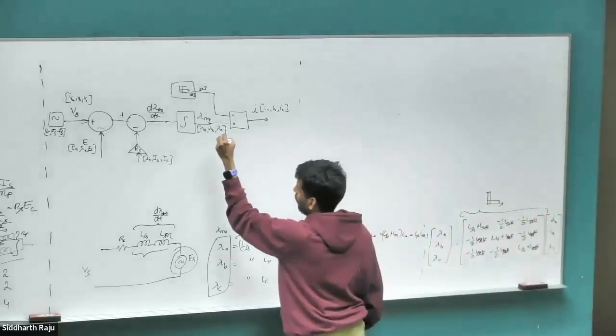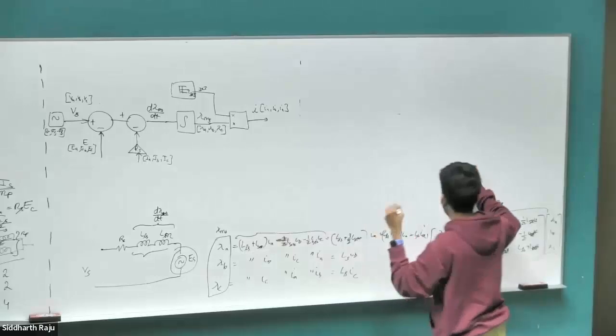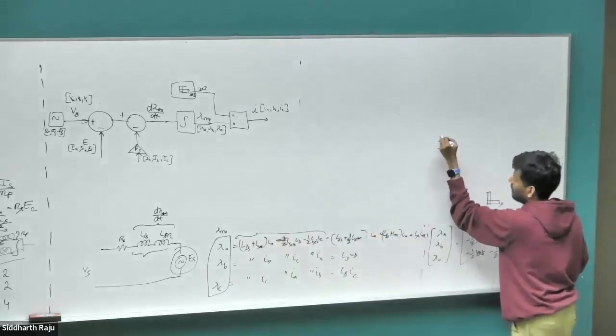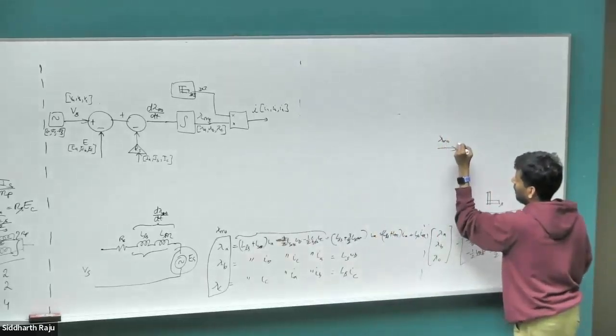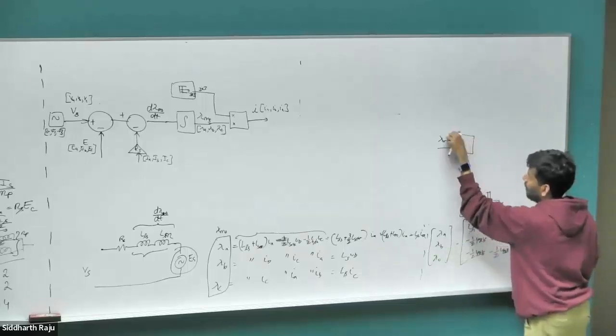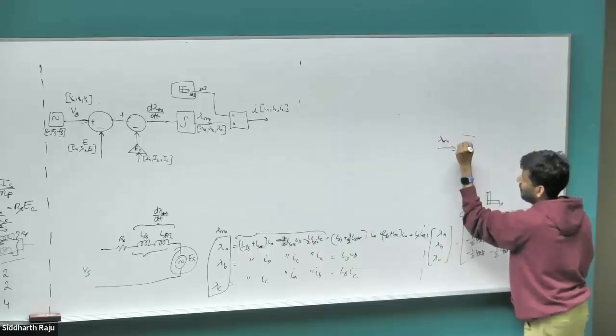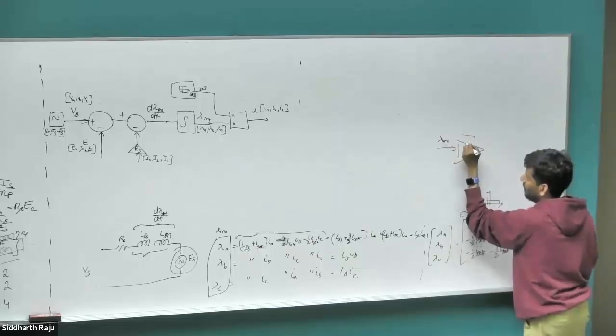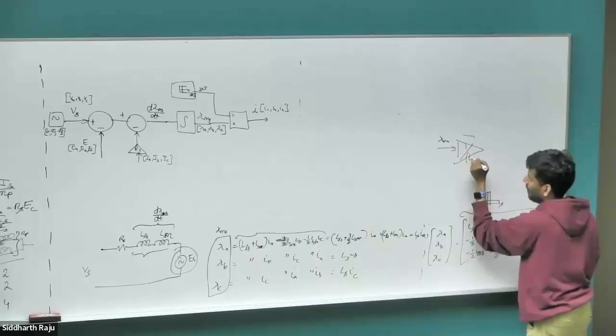An alternate way of doing this. Let me draw it on the side. So once I get lambda ms, I can divide this directly by a scalar entity, 1 divided by LLS plus LM.